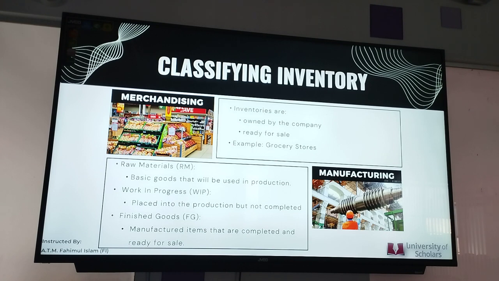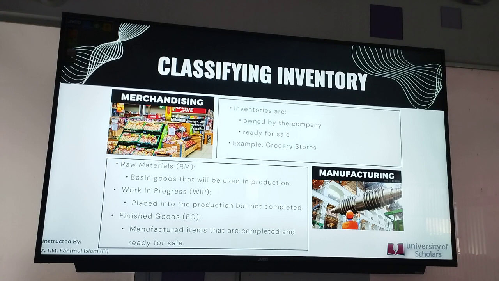They don't usually create or add any value to the products they buy, and thus they classify those only as inventories. Inventories are owned by the company and are ready for sale, and they term those products inventories only, nothing more, nothing less.